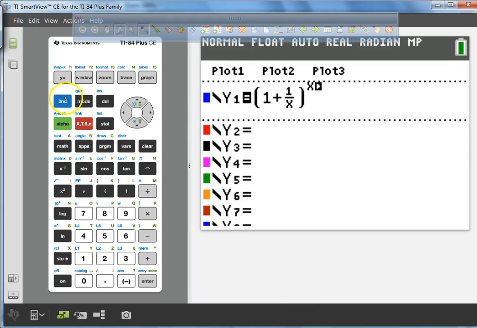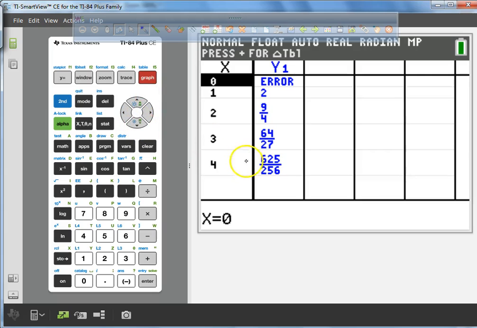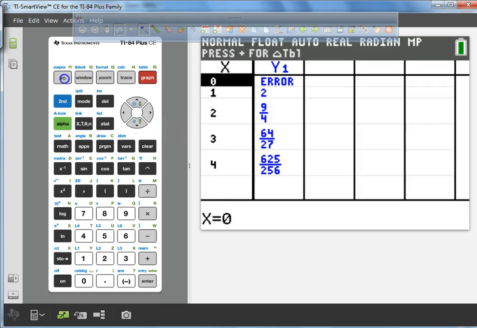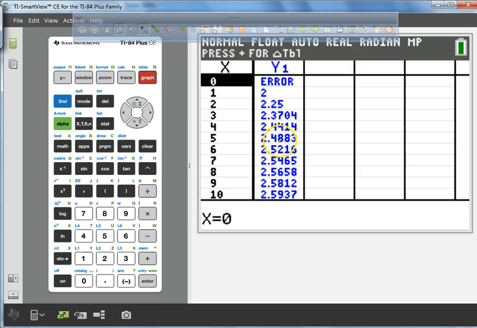Now check this out. When I hit second table, you know what? Let's not, this is probably not good because this is fractions, so I need to change something. Let me explain something real quick. I need to delete this, and I actually need to do 1 divided by x this way. So we actually have decimals, not fractions, okay? There we go. Now we can see it.